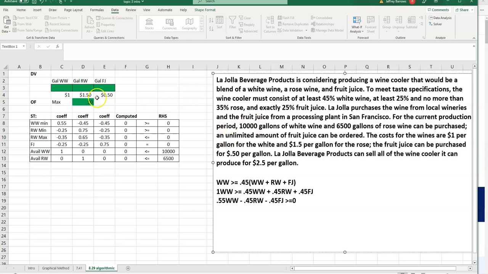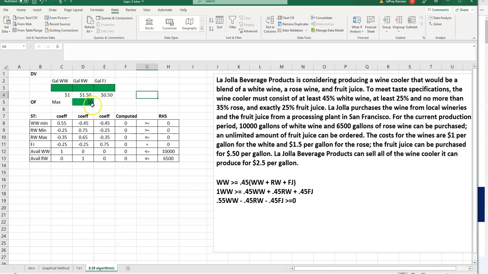So in the end, we're going to have a wine cooler that is made up of white, rose, and fruit juice. And so the decision variables are how many gallons of white, how many gallons of rose, how many gallons of fruit juice. Those are the three decision variables.